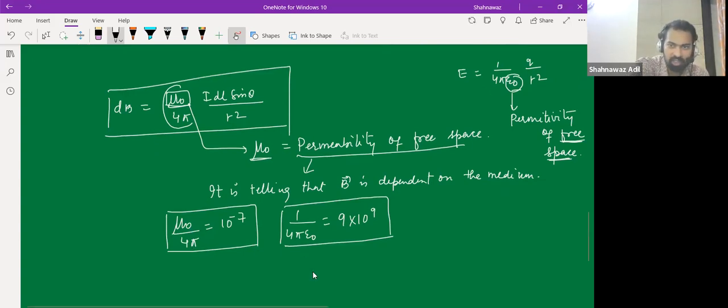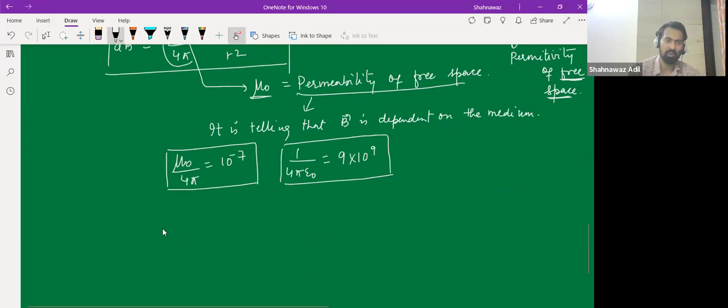So let me calculate one quantity. What is mu naught into epsilon naught? Let's say I divide this mu naught by 4 pi, and then I multiply by 4 pi. So mu naught by 4 pi is 10 to the power minus 7, and 1 by 4 pi epsilon naught is 9 into 10 to the power 9.